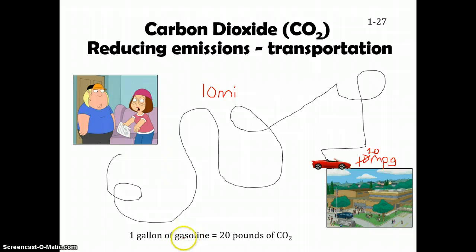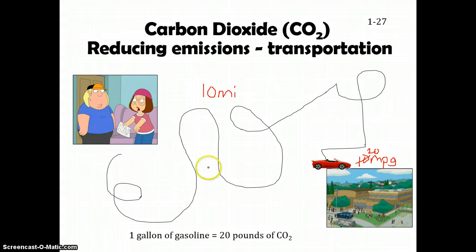Since we used half a gallon of gas, that means we only released 10 pounds of carbon dioxide. And I encourage you, since this is a video, pause this at any time, rewind it, replay it, work out the calculations to make sure that you understand these concepts.